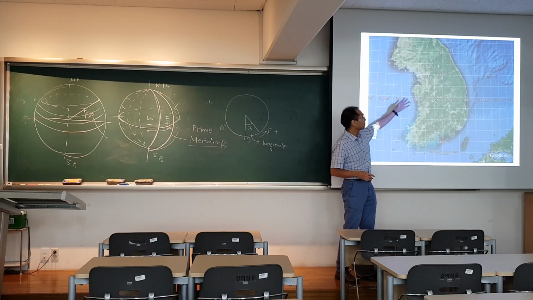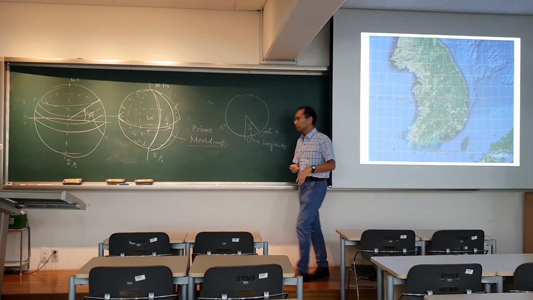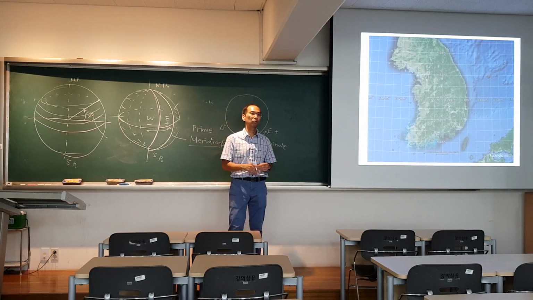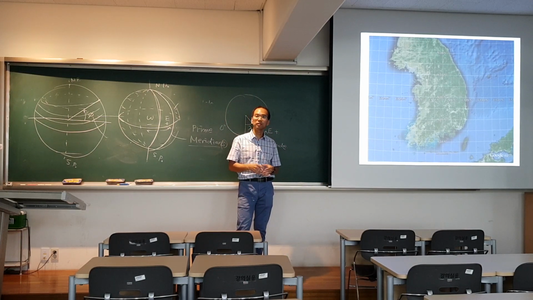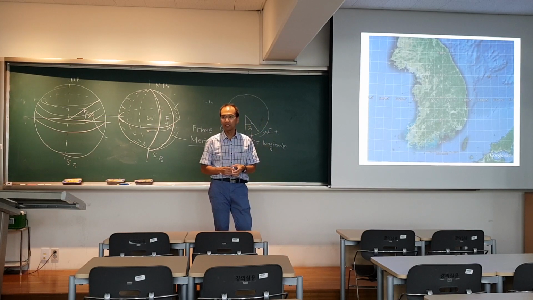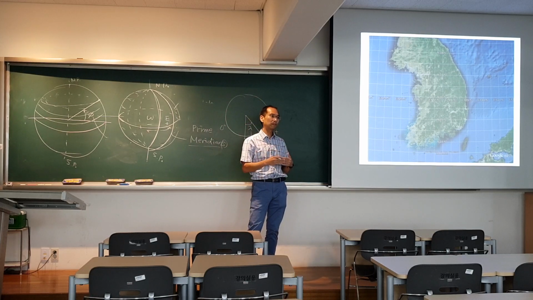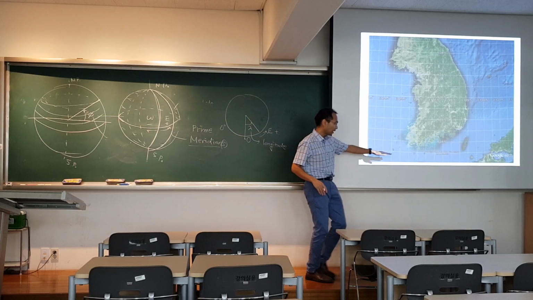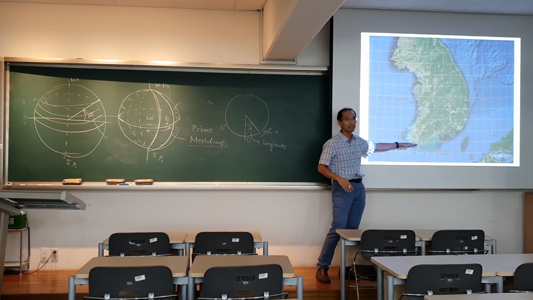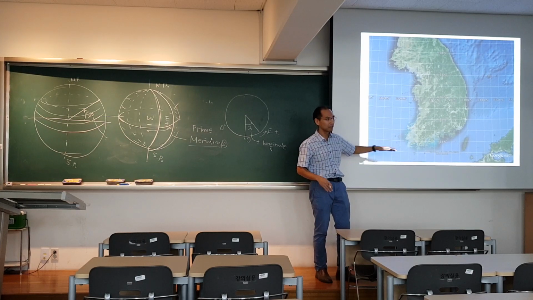And the 38 north, that was the border between South Korea and North Korea before the Korean War. And that was just basically the average of the two latitudes, north and south end. So the latitude of the Mount Baekdu and maybe the latitude of Jeju Island.